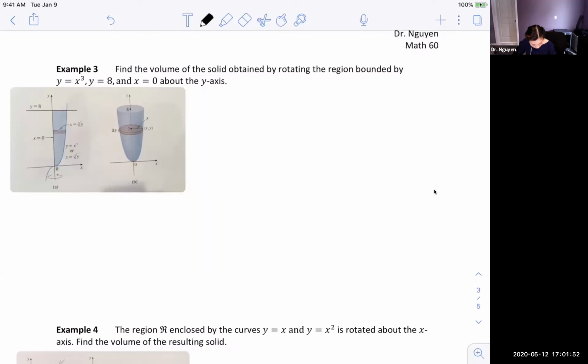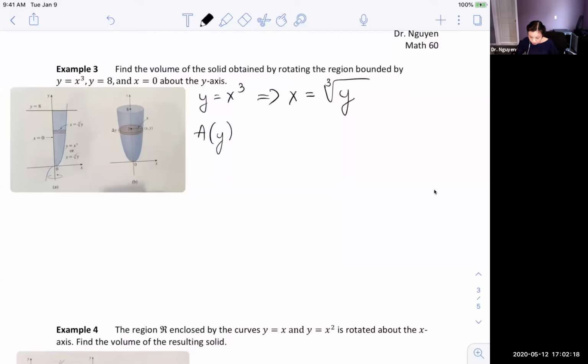Okay, so you see we have y equals x cubed. I'm going to have to solve for x now. So x is going to be the cube root of y. So the area of the cross section, once again, we're dealing with the area of a circle.